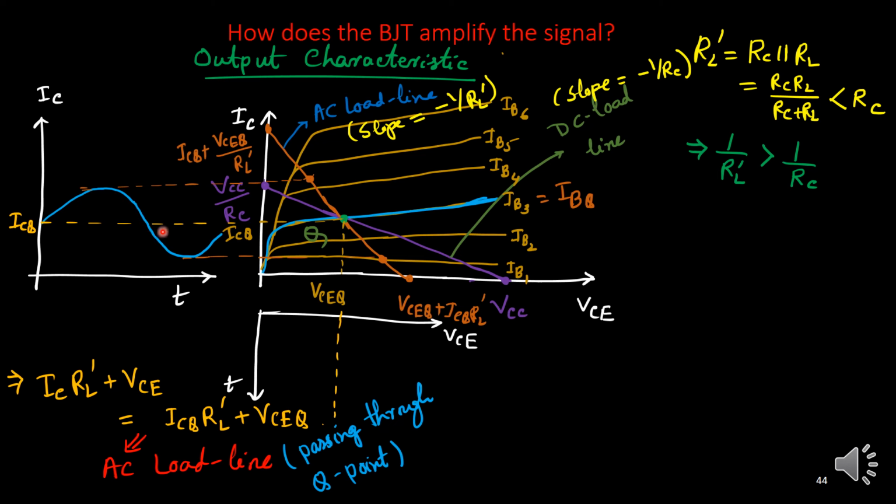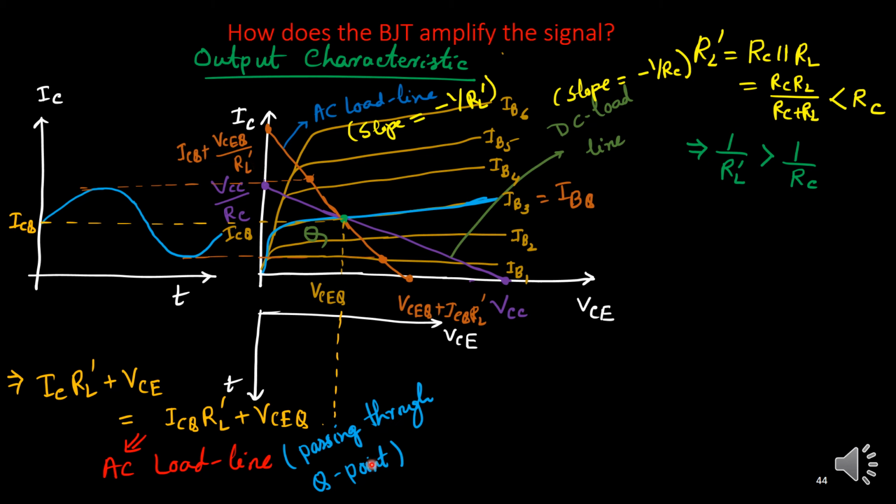And for that, we need to get the corresponding VCE. So when it is reaching this peak value, this is the level, so it will cut here, and the corresponding value we can find. Similarly, this corresponding one will cut here.